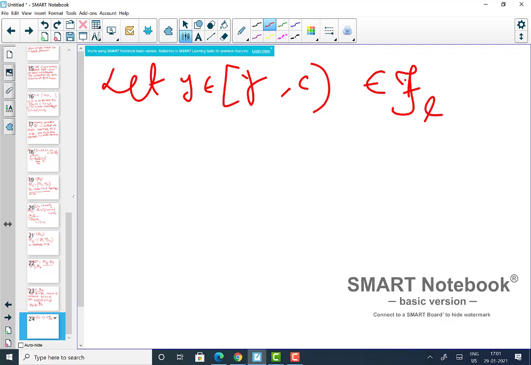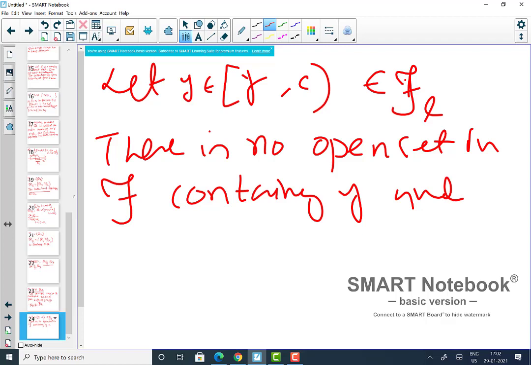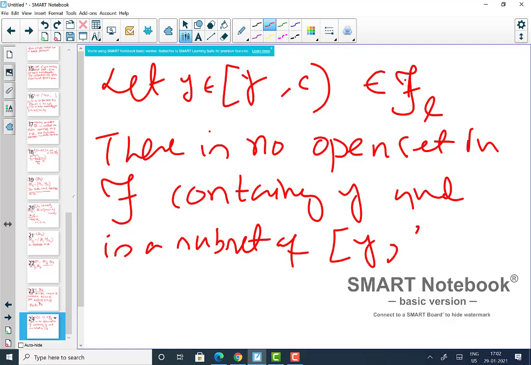Now see, there is no open set in tau, the usual topology, containing Y and which is a subset of this open set of tau L, Y to C.